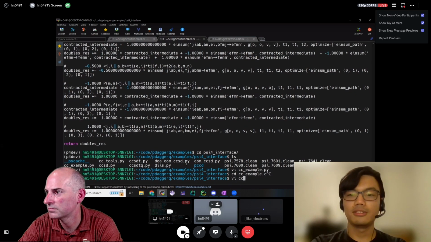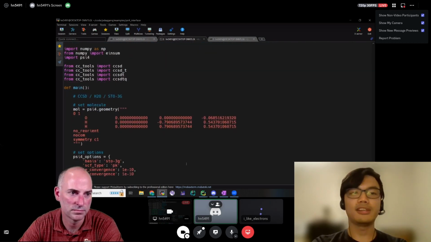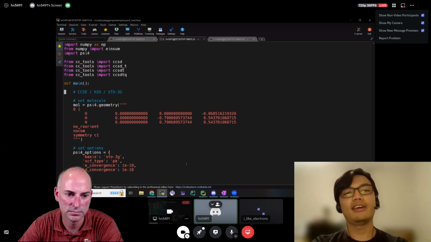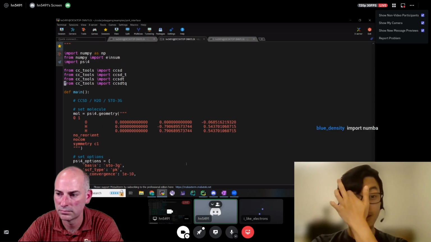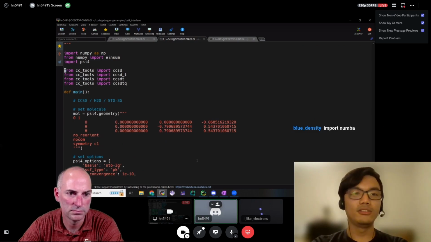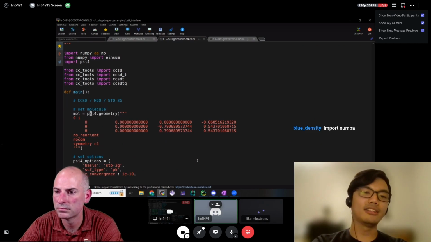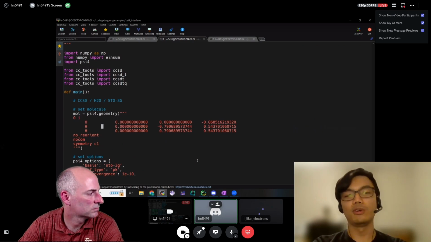If we look at how this thing is run, for example, this is interfaced with Psi4, right? And you can see that first we've got to import some stuff, import Psi4. So I'm in a Conda environment that already has Psi4 installed. And then basically you just import all the codes. That's what you need. So first you can see that you initialize, in this example, a molecule, give it a geometry, in this case it's water.